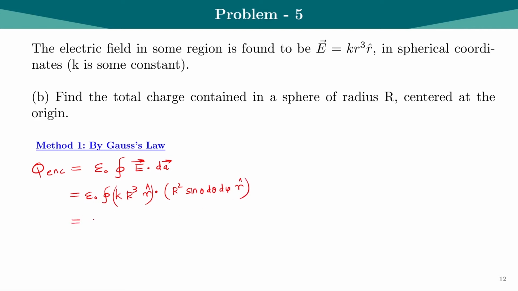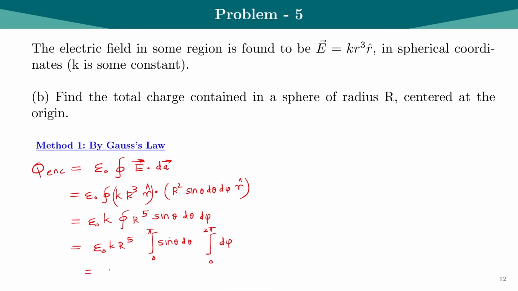So this is equal to epsilon 0 times K times the integral of R raised to 5 sine theta d theta d phi. So this is equal to epsilon 0 K R raised to 5 times the integral from 0 to pi of sine theta d theta, then the integral from 0 to 2 pi of d phi.